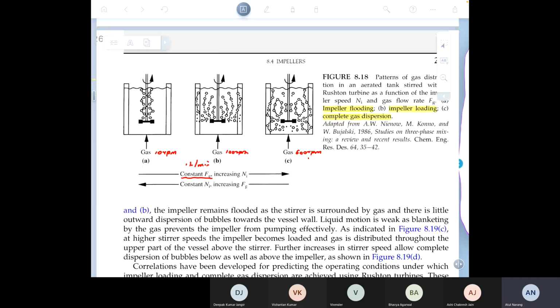As you increase the flow rate, you start moving leftward. And when the flow rate becomes very, very high compared to the constant impeller speed at which you're operating, you get the picture on the left, which is impeller flooding. So roughly speaking, the gas flow rate and the impeller speed have opposite effects. Is that part clear? This is all intuitive.